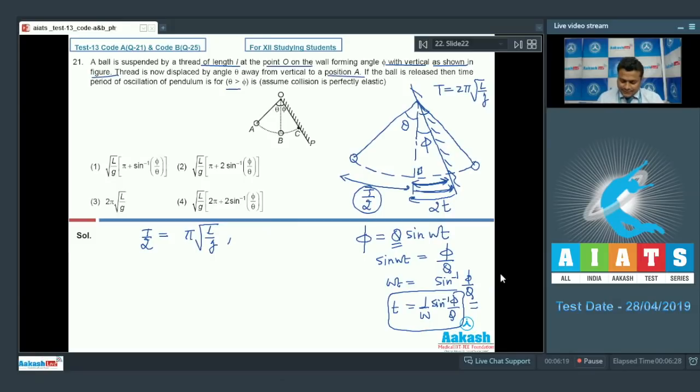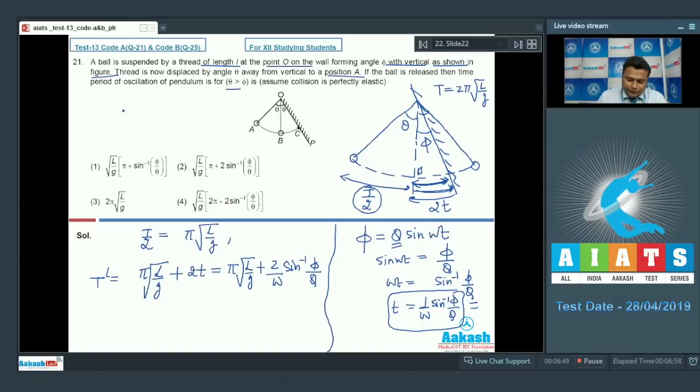Now finally we can write the total time period T dash will be what? Pi under root L by G plus twice t, further equal to pi under root L by G plus 2 times 1 by omega sine inverse phi by theta.